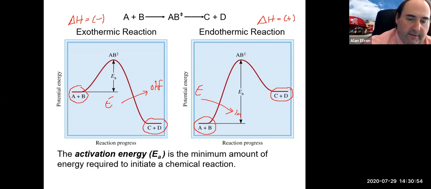So for our endothermic, it's here. It's this hill that it has to climb, going around to the other side. And when we get to the very top here, right around here, that is pretty much your highest point in energy. And this is what is sometimes referred to as a transition state.